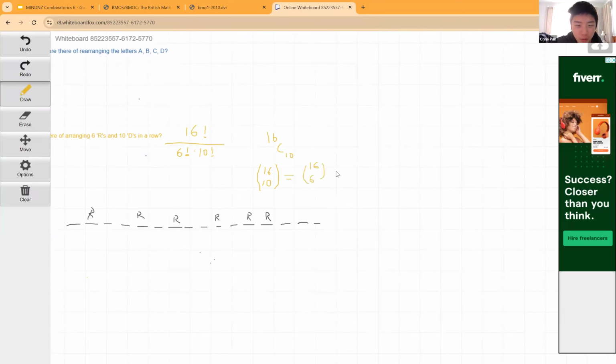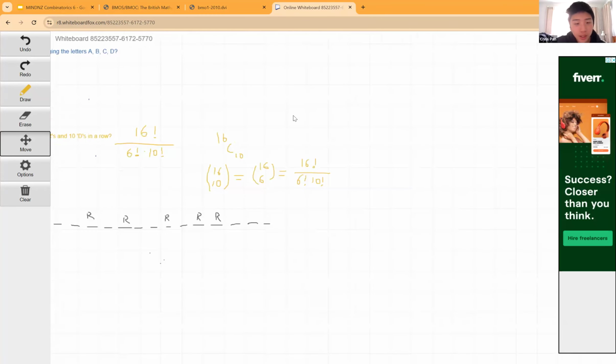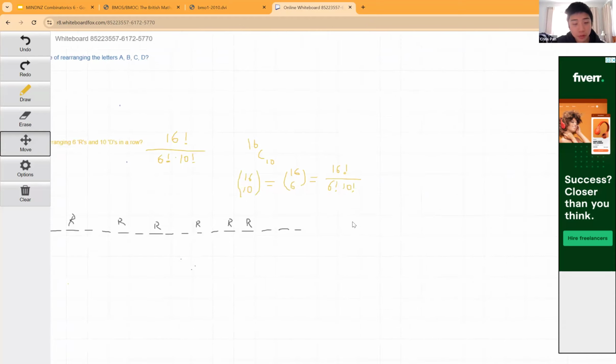So this is the answer, but by various methods: either choosing 6 blank spots from a list of 16 blank spots, or finding the total number of ways of rearranging 16 arbitrary letters and then dividing by how much we've overcounted. If you know about the formula for the choose function or binomial coefficients, this is what you get: 16 factorial over 10 factorial times 6 factorial.